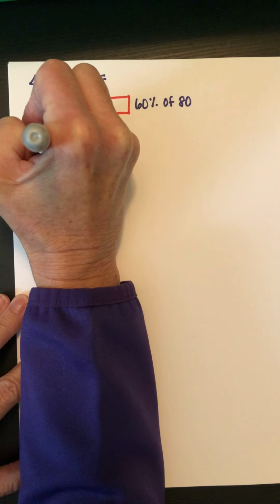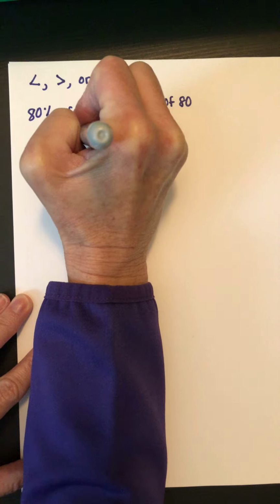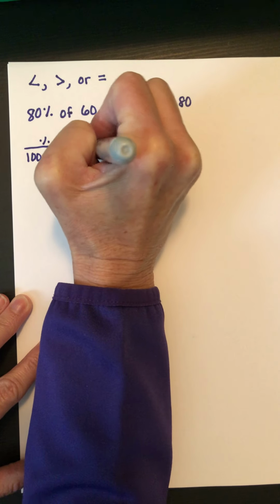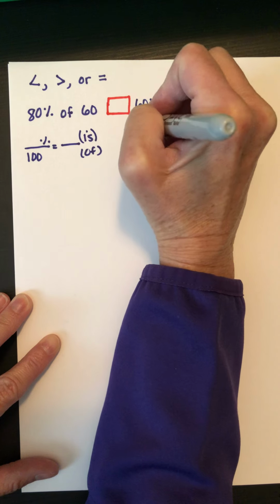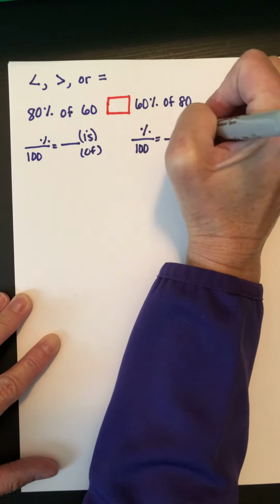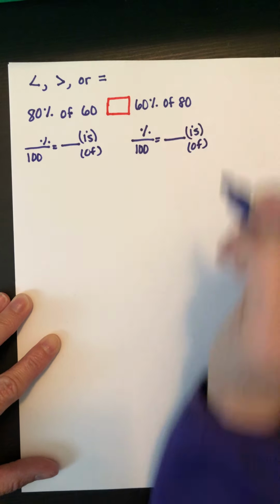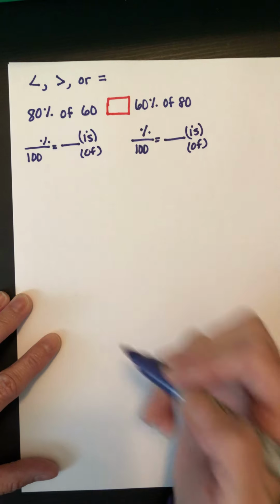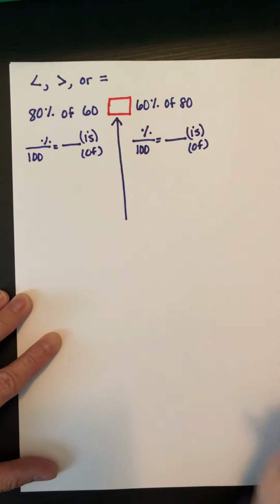So I'm going to do my percent over 100 equals my is over of, and then my percent over 100 equals my is over of on this side. And this is where I'm trying to fill in my sign, greater than, less than, or equal to.